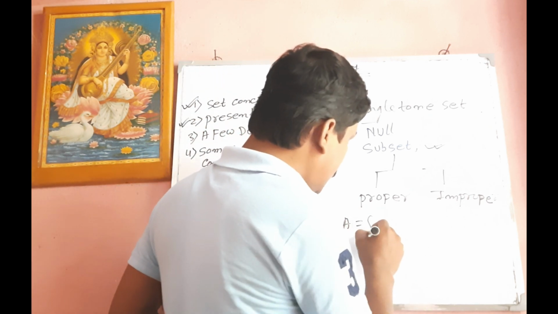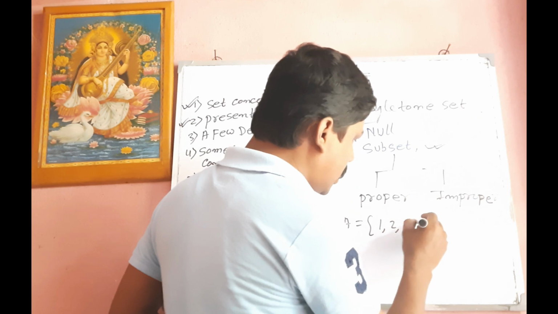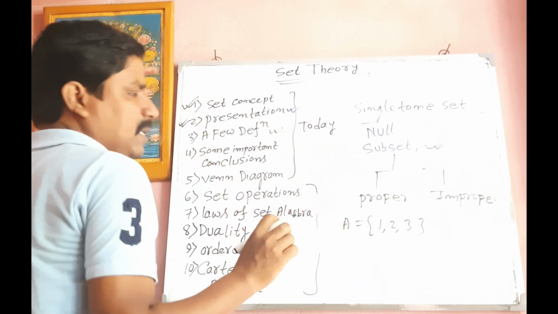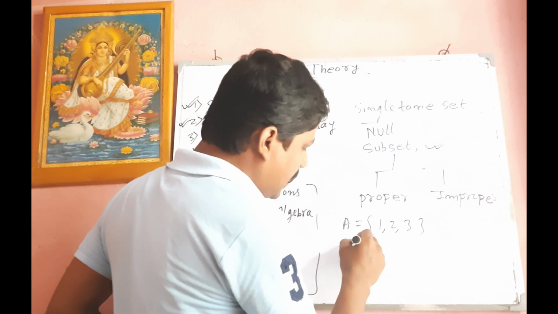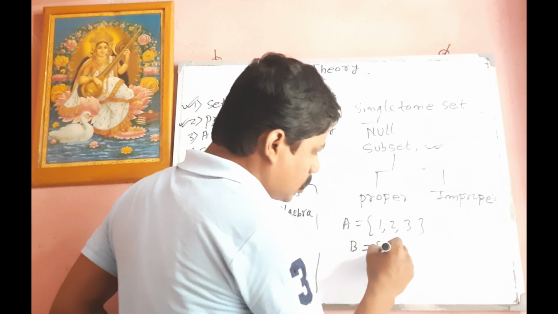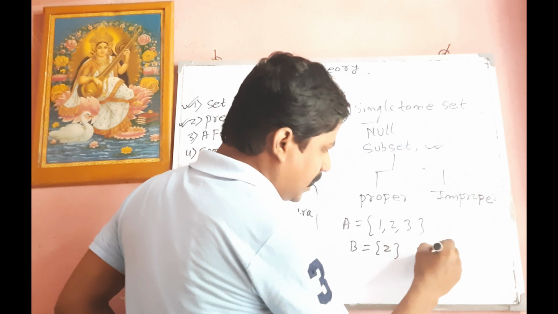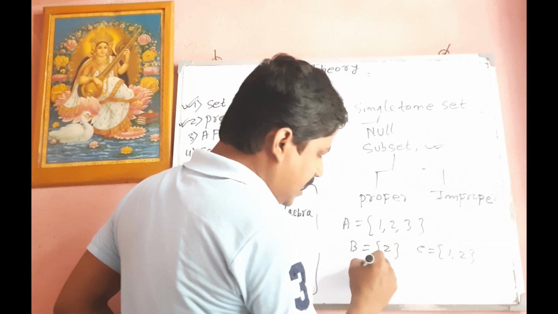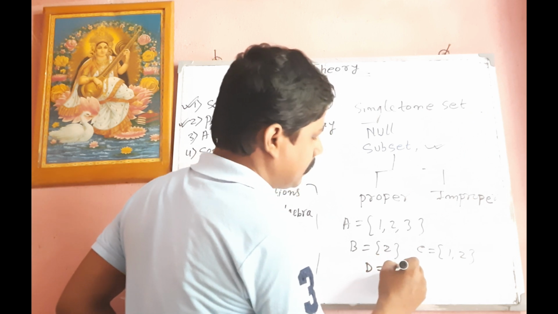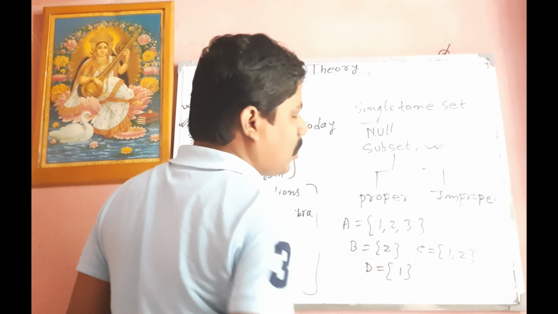Suppose a set is 1, 2, 3. This is the given set, and suppose B is 1, 2, and C, D only once, and there are many more examples.